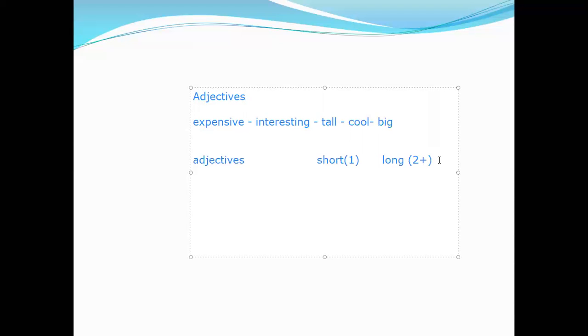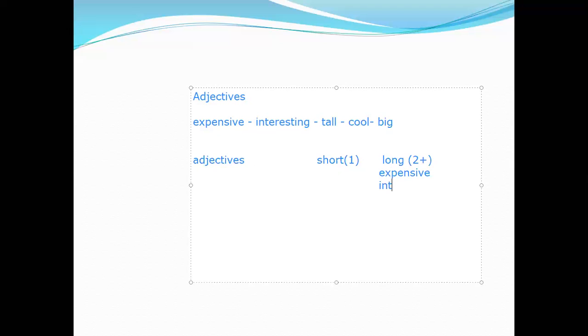Let's take a look. For instance, when we got expensive, if we divide expensive, we say ex-pen-sive, three syllables. So expensive is going to be a long adjective. Then if we start with interesting, if I divide interesting, I'm going to say in-ter-est-ing, three syllables.